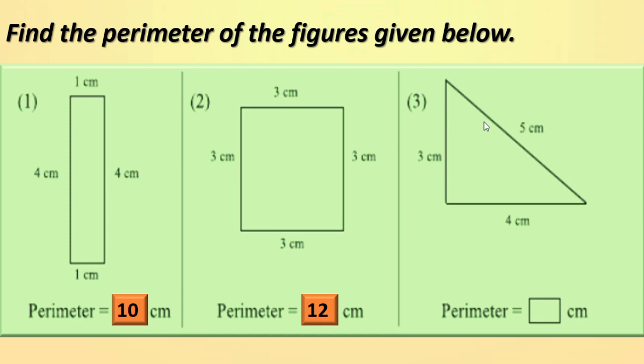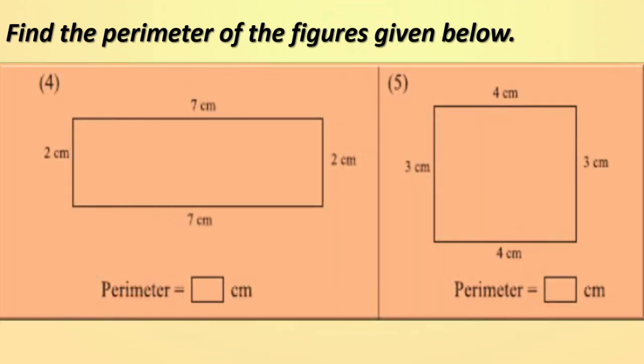Now this is a triangle. Here also the measurements are given: 3 centimeter, 5 centimeter and 4 centimeter. Come on, tell me the perimeter of this triangle. Yes, you are right. The answer is 12 centimeter.